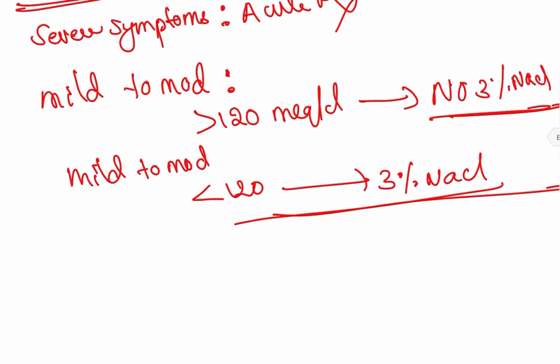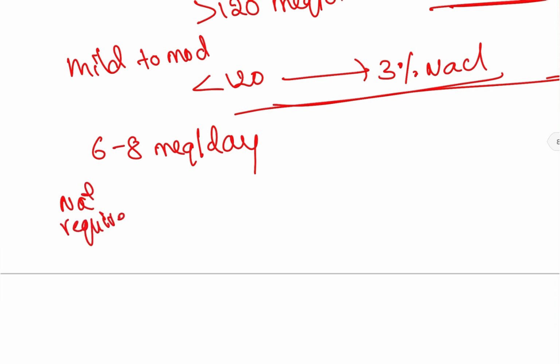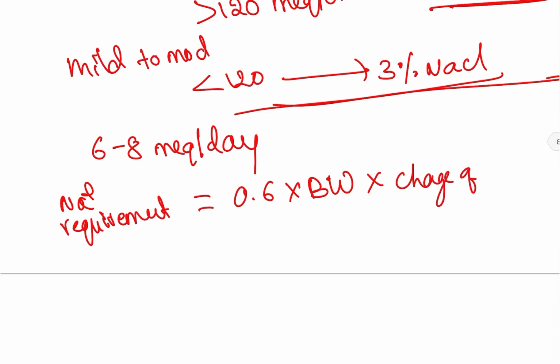This is the treatment. Now, how to give 3% NaCl? The correction we aim for is generally 6 to 8 millimoles per day, because more than 10 per day can cause osmotic demyelination. For this, we have to calculate the sodium requirement. The sodium requirement for any particular patient is given by 0.6 into body weight into change of sodium.